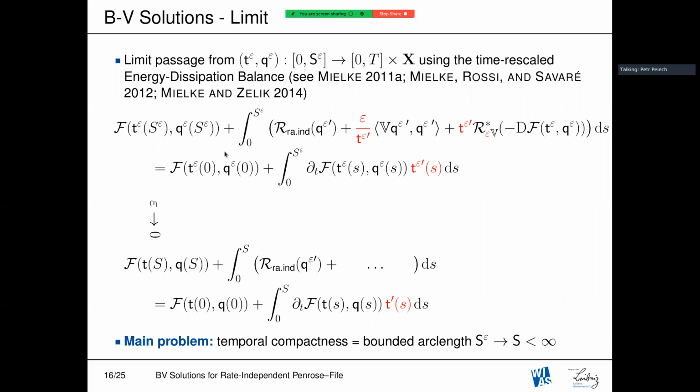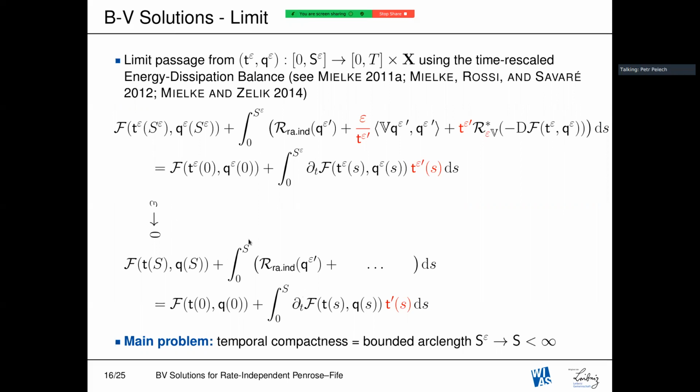So we have lots of terms here, but the important thing is that we have epsilon as the upper limit of integration, and in front of the viscosity we have epsilon over the time derivative. So this is what somehow activates in the limit the viscous dissipation, and also the friction force here is scaled, and the loading also has to be scaled.